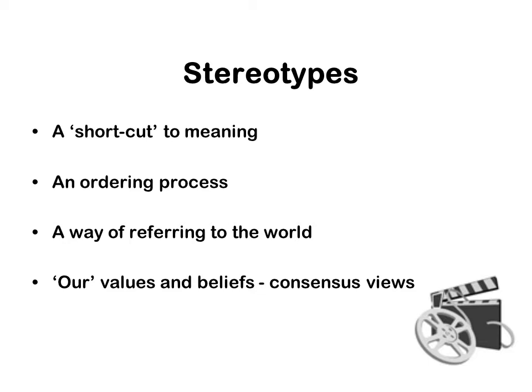Now we are moving to stereotype. We have already discussed types and archetypes in relation to narrative structure. Here we will speak about types, which are characters who are defined by what they represent rather than being genuine individuals.